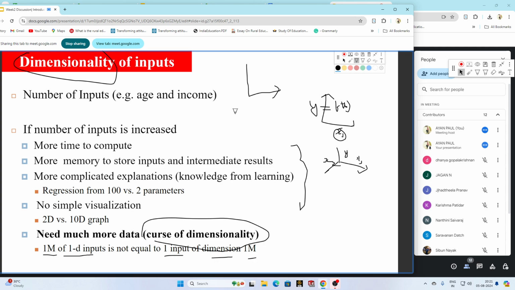But if we have 1 million inputs and only one data point, that is a serious problem, because by that we cannot fit our curve, since we have only one data point for each input. For fitting a curve, at least we require 3 to 4 data points, right? It is basic mathematics. So with one data point we cannot fit our curve.